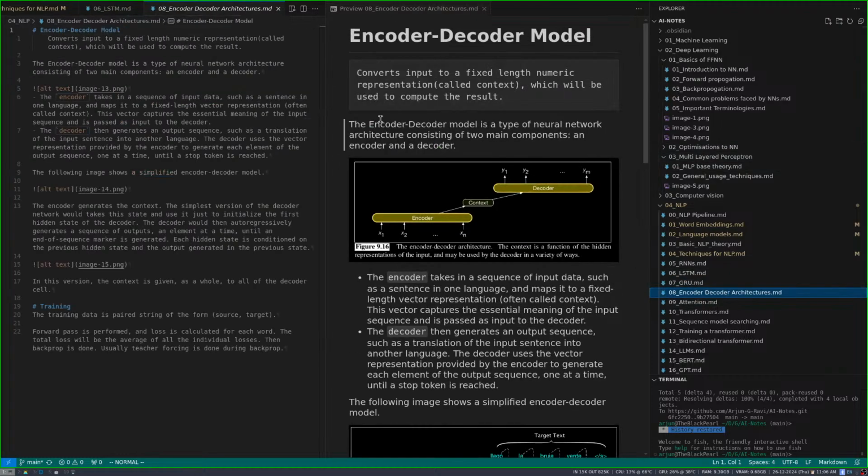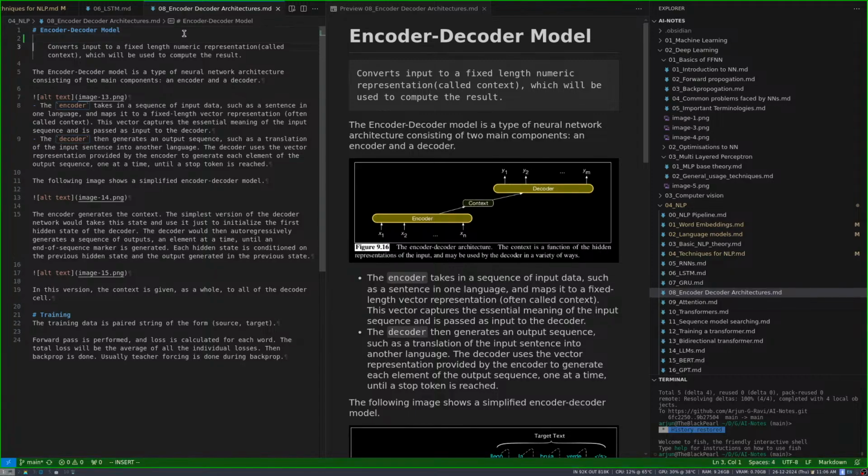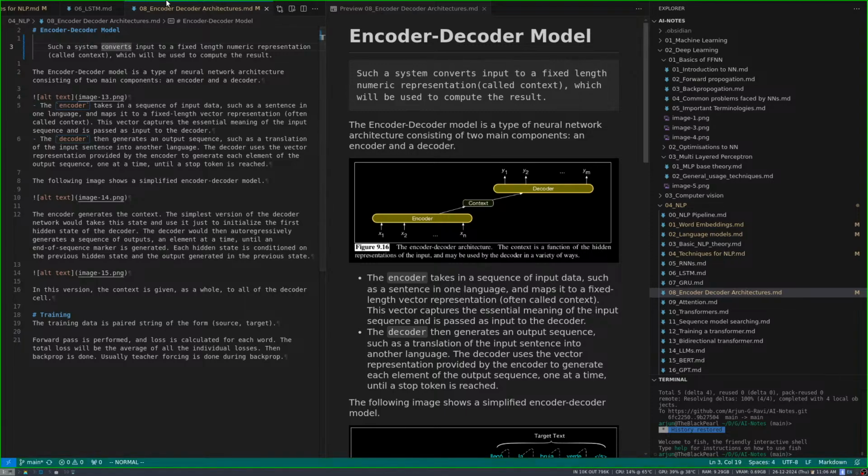The encoder-decoder model converts input into a fixed numeric representation called context. This will be used. Okay. Such a system converts input into a fixed-length numeric representation.